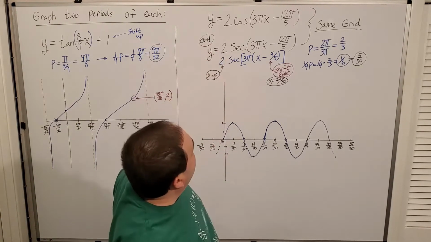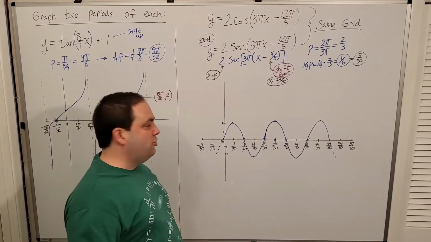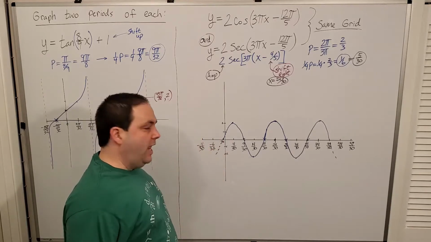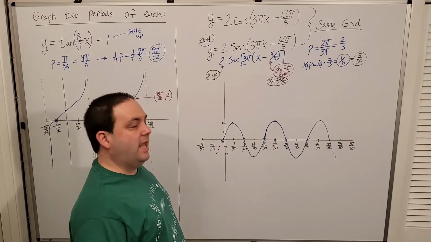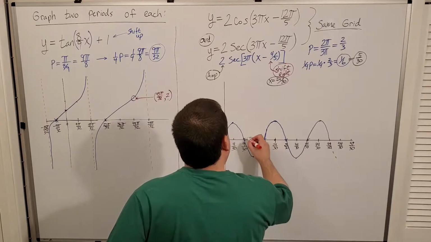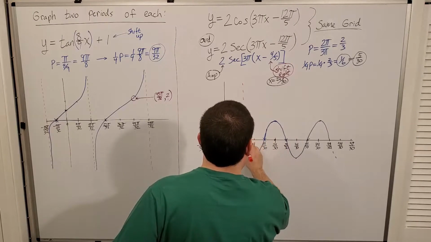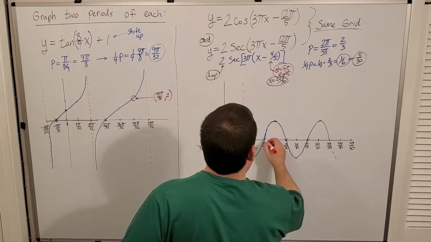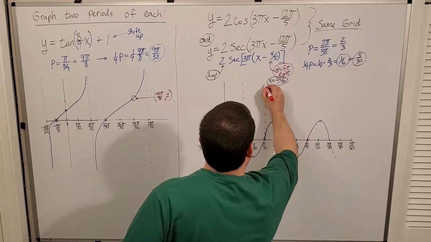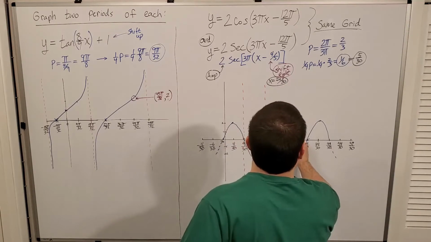Remember, secant is going to be undefined anytime cosine goes through its own center line. Well, we didn't shift up or down, so the center line is the x-axis, which means I have asymptotes at 9/30ths, at 19/30ths, at 29/30ths.